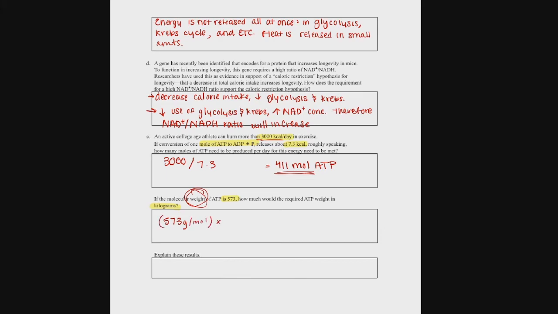And then we're going to multiply this by the amount of moles that we found in the previous problem, which was 411. This is equal to a pretty large number, about 235,503 grams. Or if we were to convert it into kilograms, it would be 235 kg.